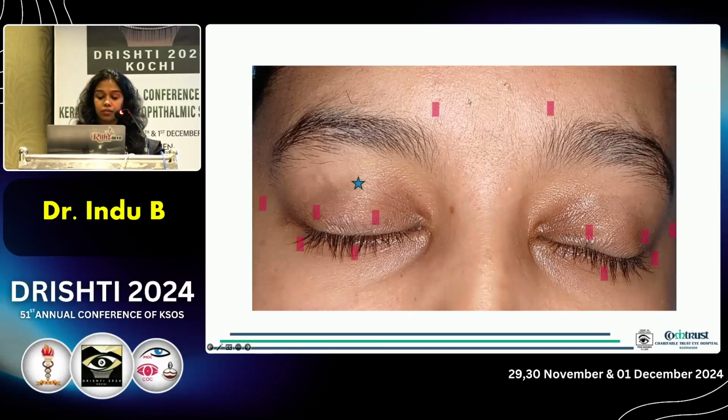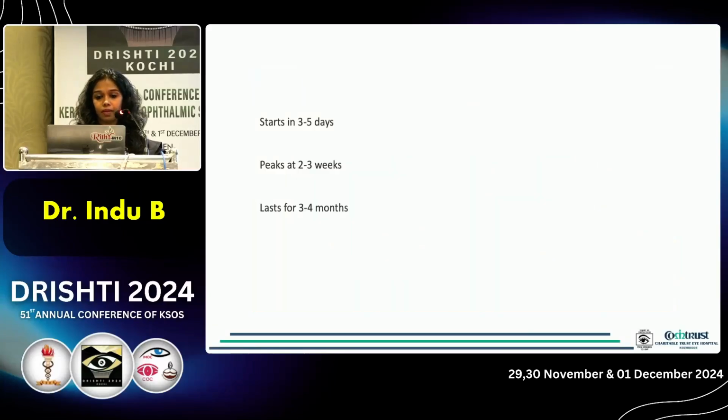So what are the sites which are avoided? The central part of the upper lid, because it may involve the levator and cause ptosis, and the medial part of the lower lid, because it causes ectropion.